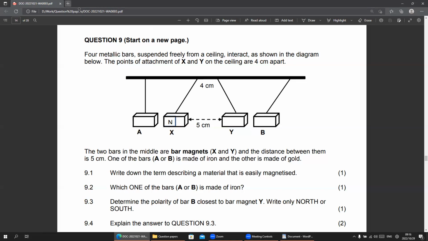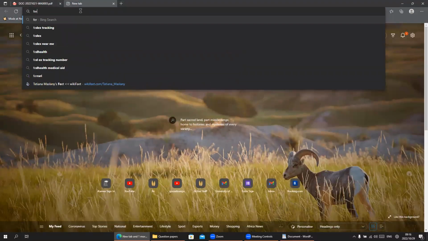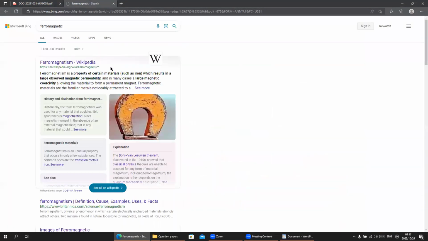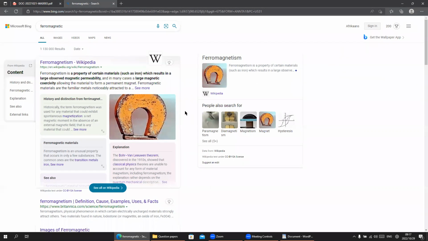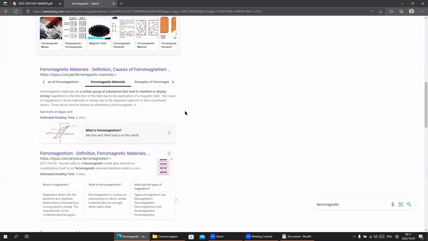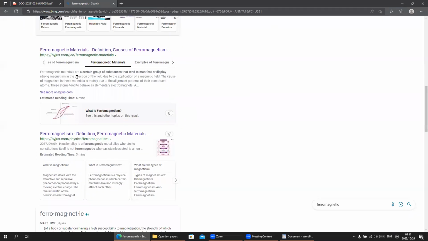Let me just search it here. Ferromagnetic material, a property which results in a large observed magnetic permeability. Ferromagnetic material displays strong magnetism in the direction of the field due to the application of a magnetic field.